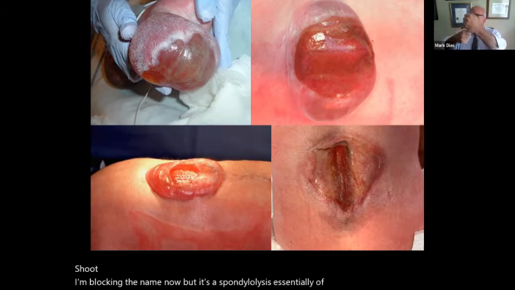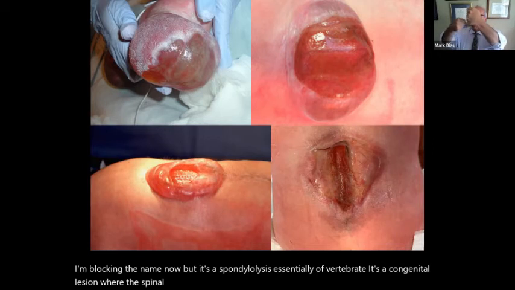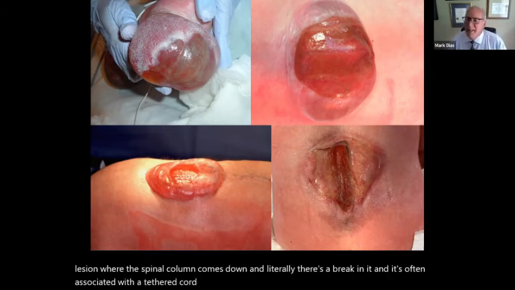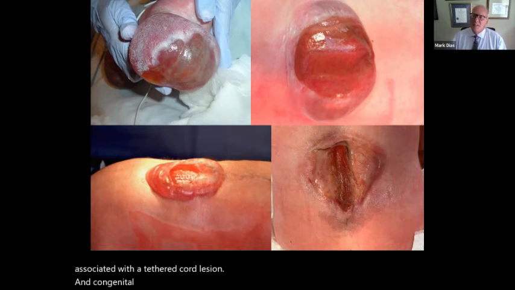It's a congenital lesion where the spinal column comes down and literally there's a break in it, and it's often associated with a tethered cord lesion. It's called congenital vertebral dislocation, different from segmental spinal dysgenesis, which is another disorder.